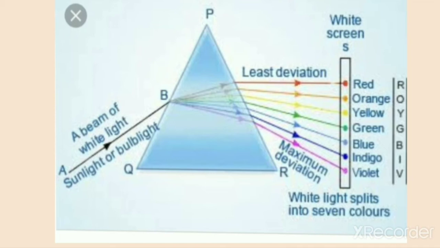This experiment was first done by Newton. While doing some other experiment, he observed that when white light is passed through a lens, a few colors are seen at the edges. He first thought there might be some defect in the lens.